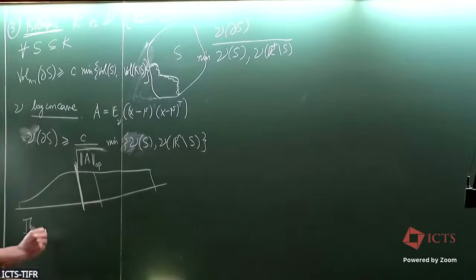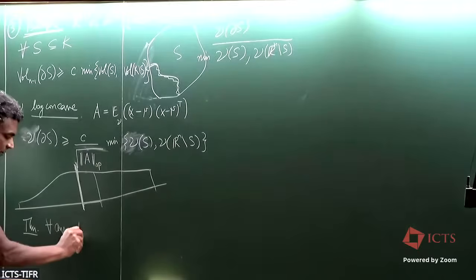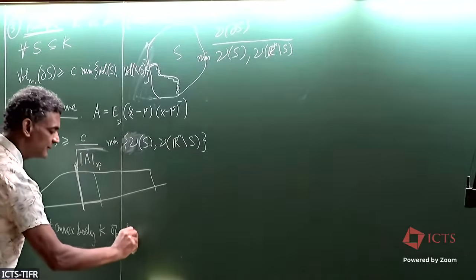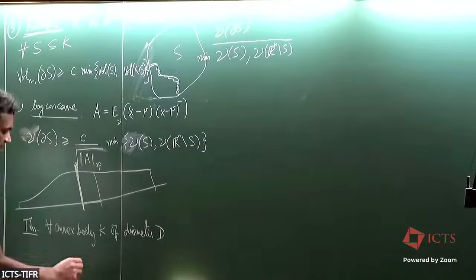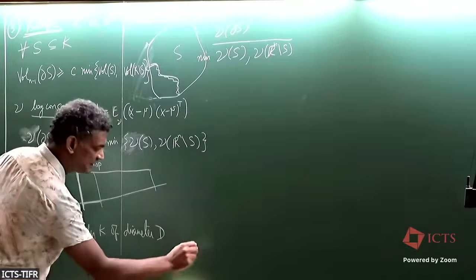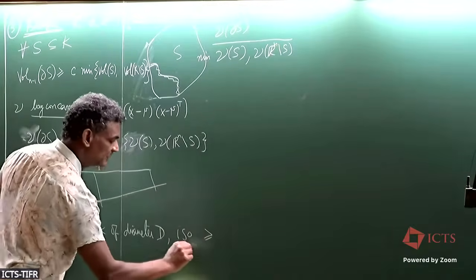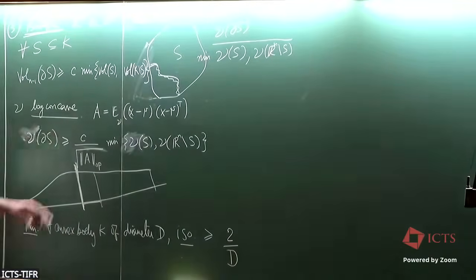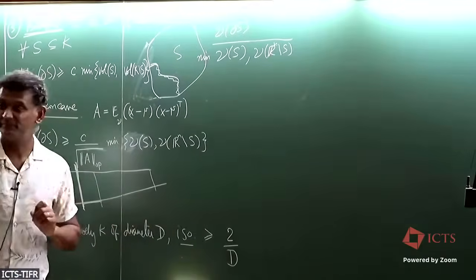It says that for any convex body K of diameter D, this ratio, this isoperimetry, is at least 2 over D. So in place of constant over the operator norm, we're putting 2 over the diameter.